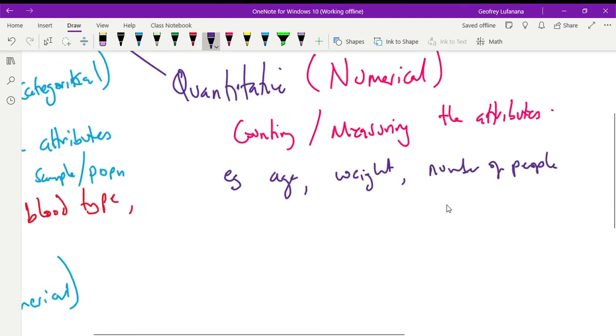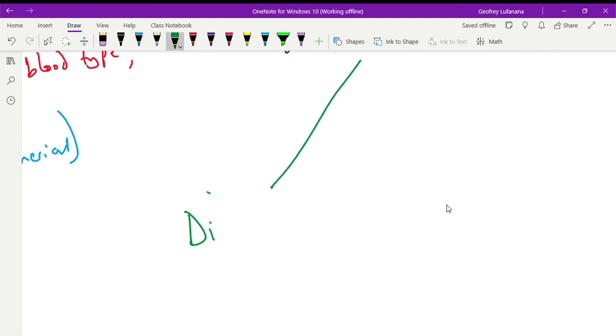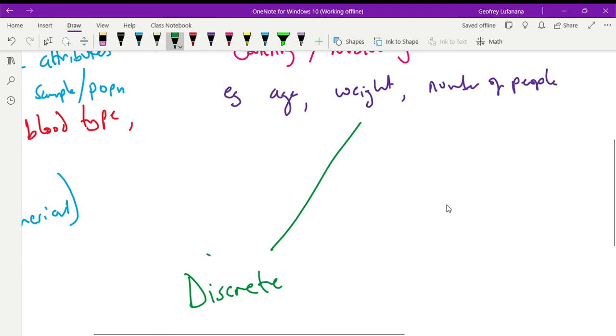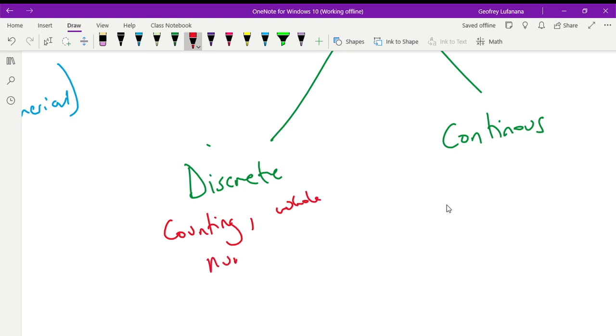Now, under quantitative data or numerical data, we can still break it down into two other types. The first one is referred to as discrete. We refer to this as quantitative discrete data, and the other one would be continuous. Now, discrete is that data that's going to come from counting, and most times it takes on a whole number value.